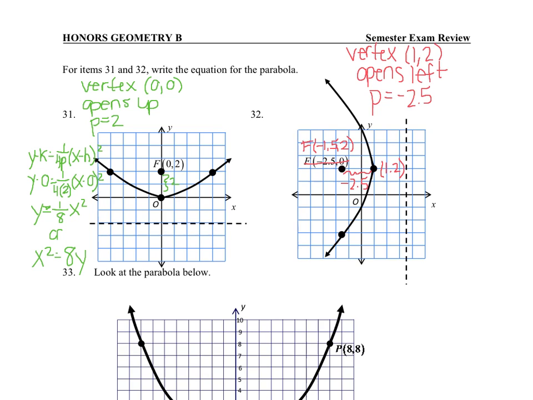So I'll start with the way I like it, which is x minus h equals 1 over 4p times y minus k squared. Again, you don't have to use this formula.